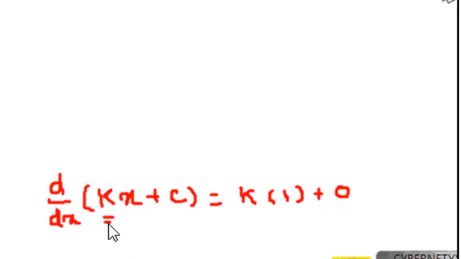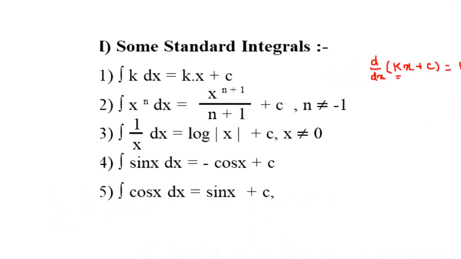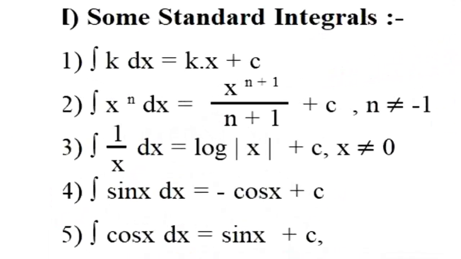So what do you observe? The derivative of kx plus c is simply k, and so by using the definition I can say that the integral of k with reference to x is nothing but kx plus c.